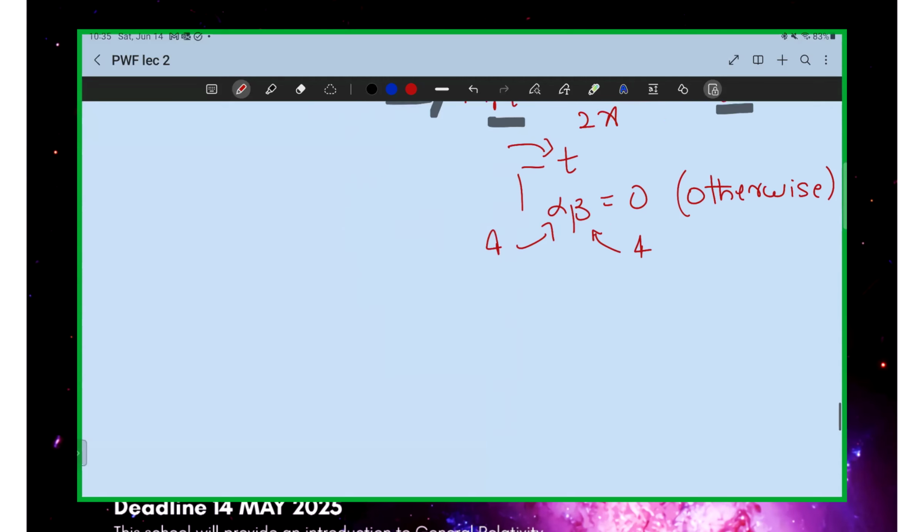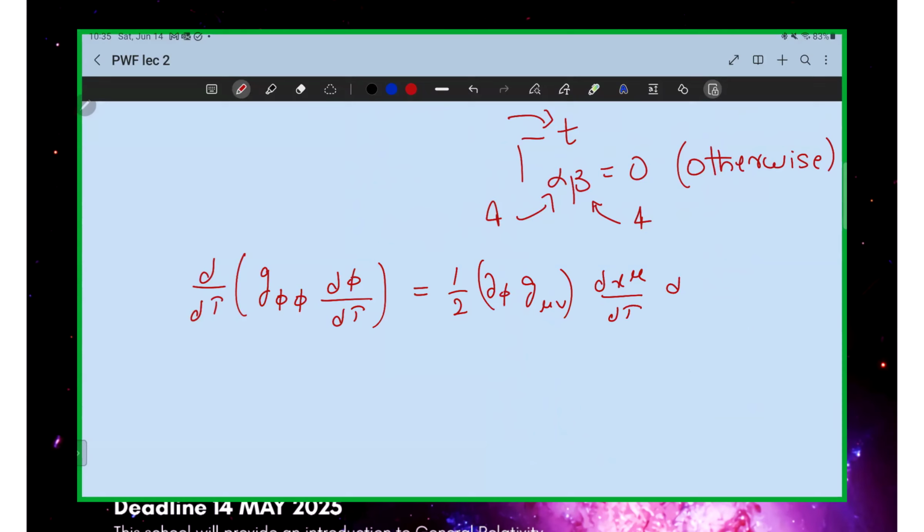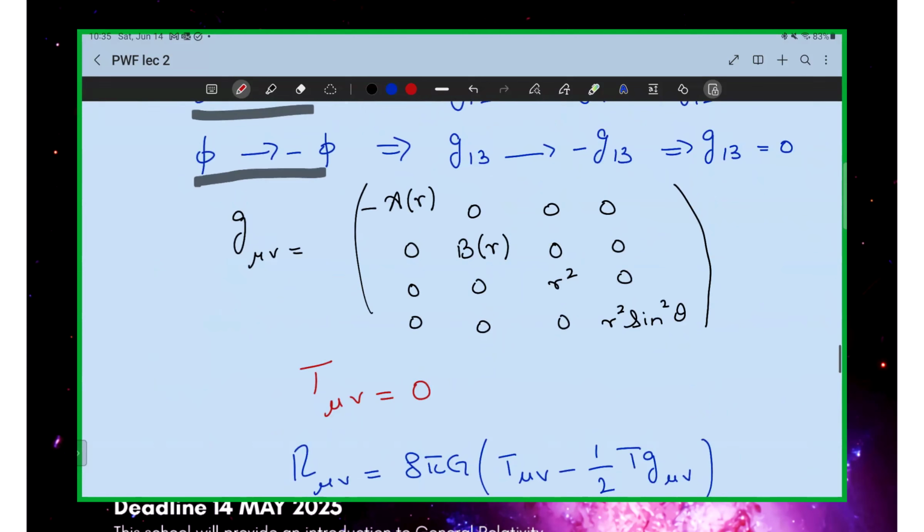You can do the same thing with phi, for example. So if I start from the same thing and put phi here, again, whatever comes here doesn't matter because this is going to be 0, because there is no component in the metric tensor that is dependent on phi. There is one that's dependent on theta. If I take you back, you can see that this is the only one that depends on theta, but there is nothing that depends on phi.